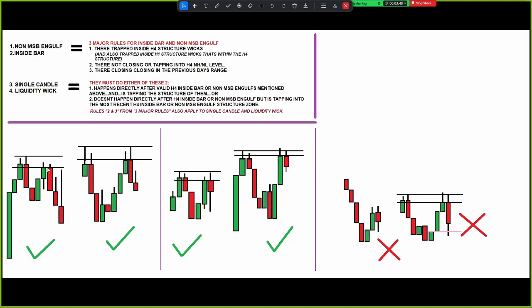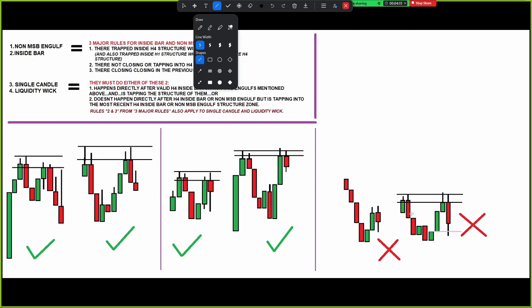Whereas if you look here, right, so we have a non-MSB engulf here, it's coming off, it's trapped inside structure to the left, which is good, but your non-MSB engulf is tapping into this new high level. So if you remember from the previous lesson what a new high is, it's essentially supply and demand levels.